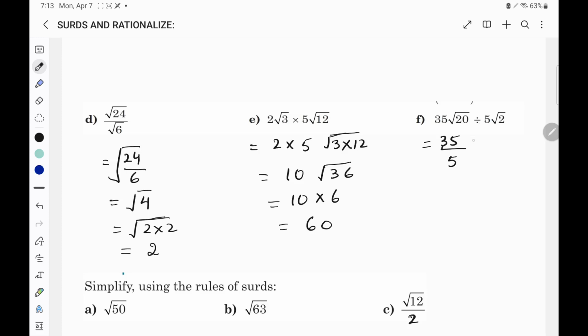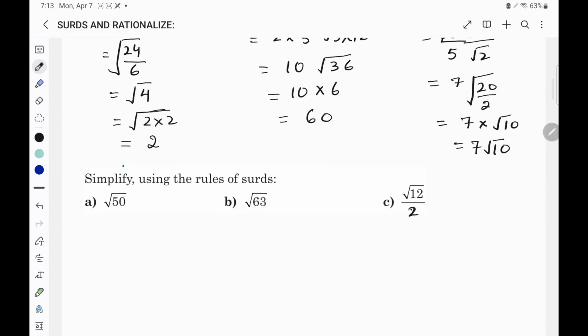So here it is 35 upon 5, and square root 20 divided by square root 2. 5 times 7 is 35, and square root 20 and 2 we can write down together. Now 7 times square root 20 upon 2 means 7 times square root 10, or you can write down 7 square root 10 simply for this question.